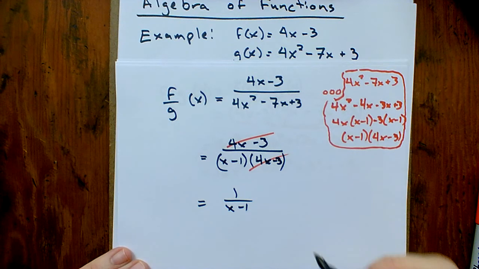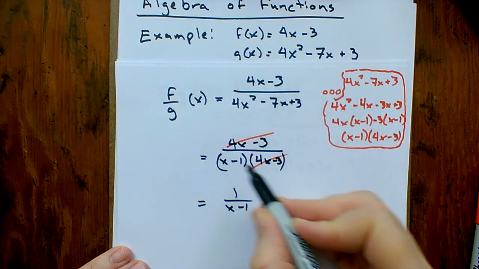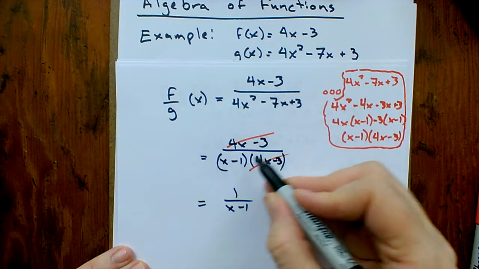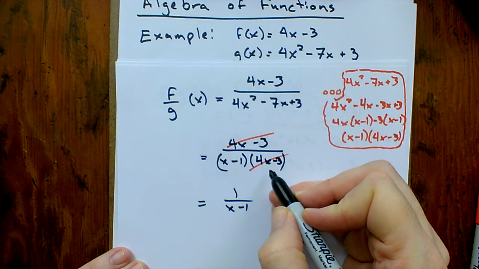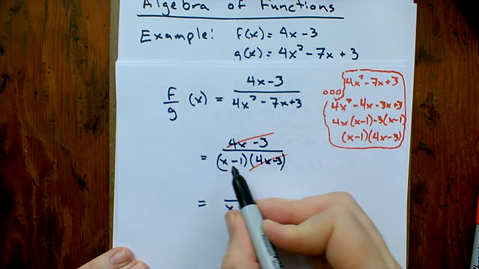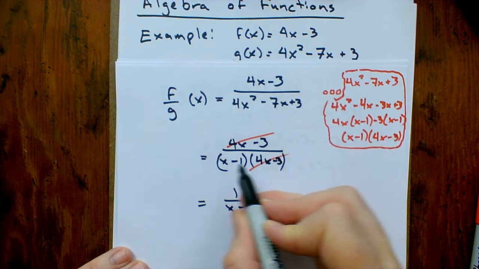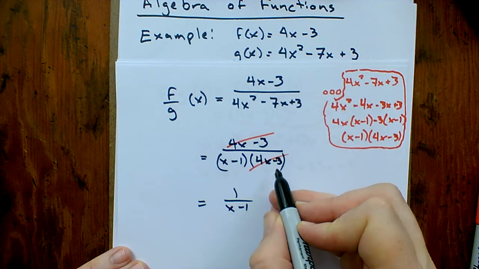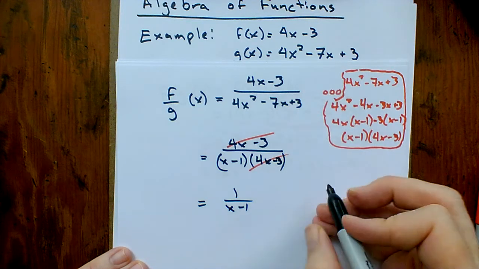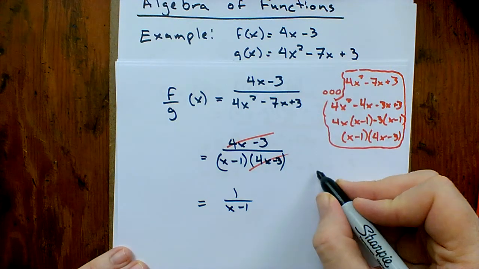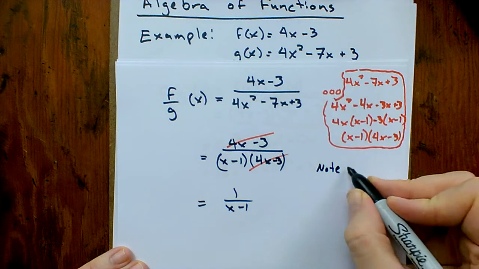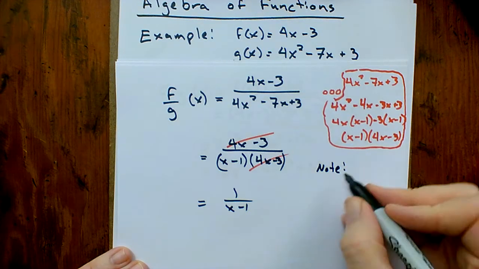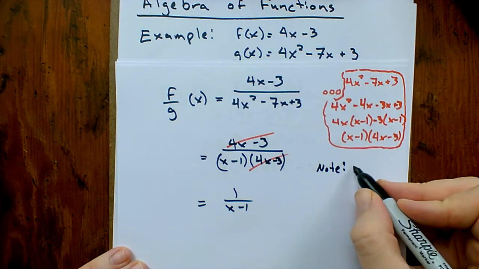One important thing I want to note here is that even though this factor in my denominator goes away, I have to consider both of these things when I look at my domain. I'm going to say that for my domain, I have to include my original expression.